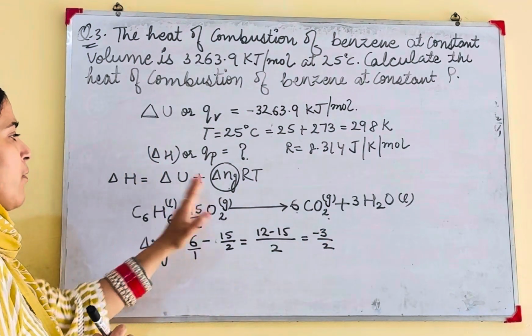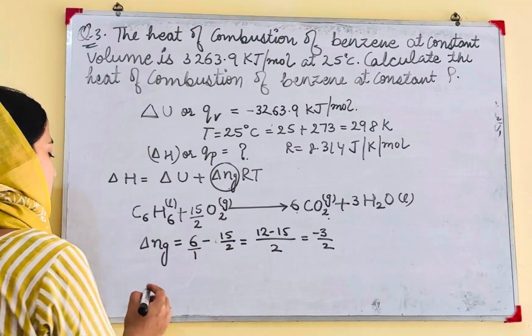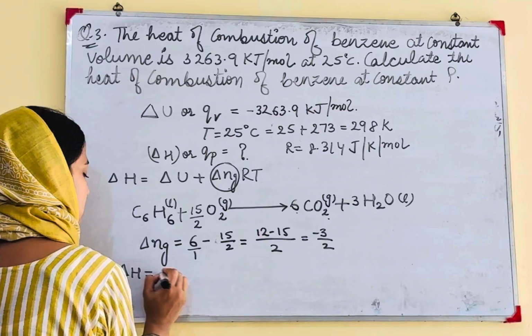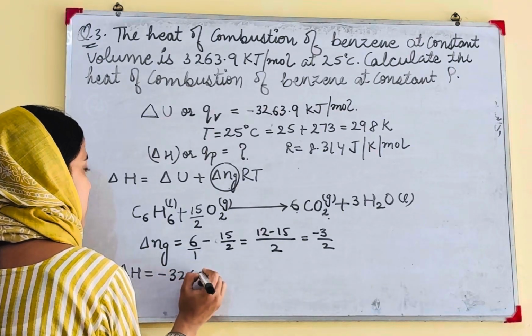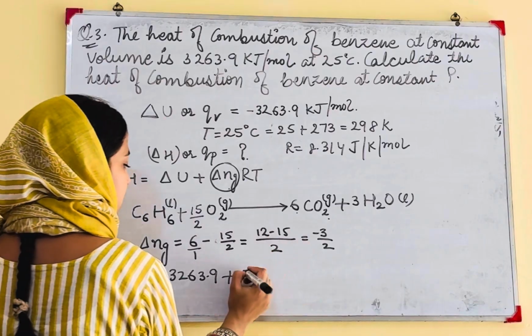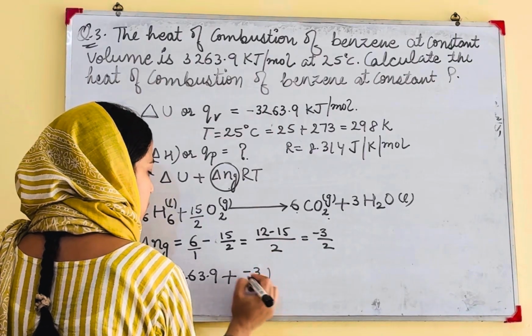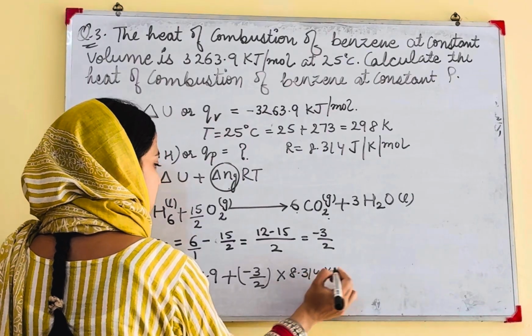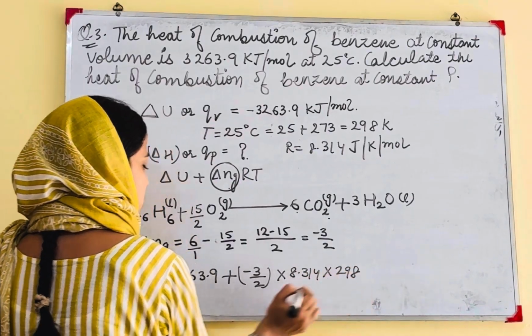Now we have all the values that we want to fill in this formula. Now put all the values. Delta H is equal to minus 3263.9 plus, here delta ng is minus 3 by 2, multiplied by 8.314, multiplied by 298.